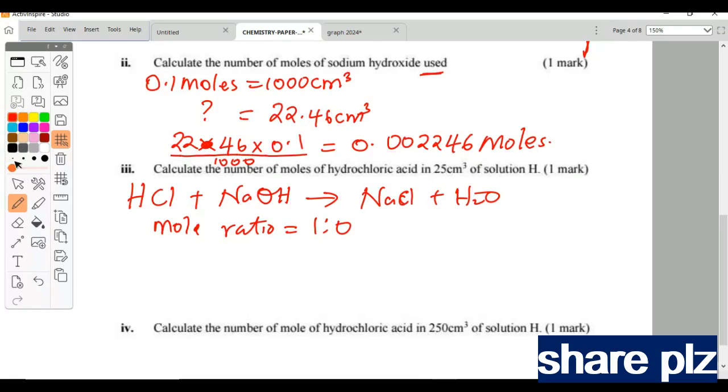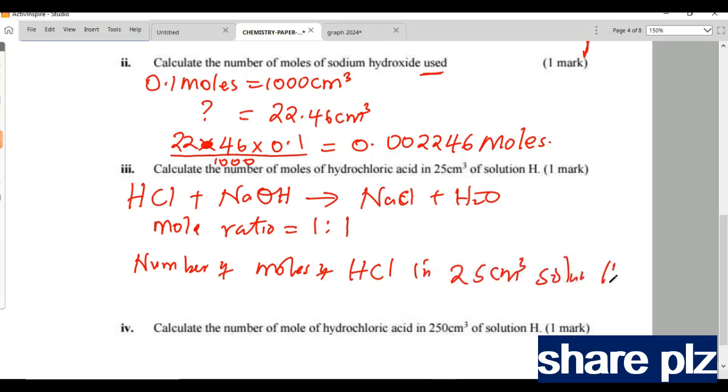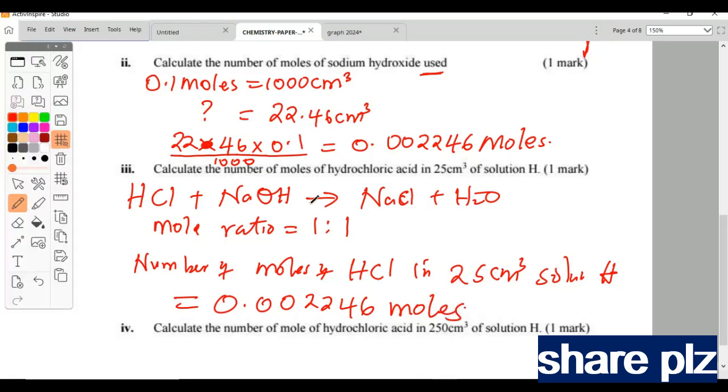Meaning that the number of moles of HCl in 25 cm³ of solution H will be equal to that of sodium hydroxide, because the ratio is 1:1. 0.002246 moles is the same because the ratio is 1:1.